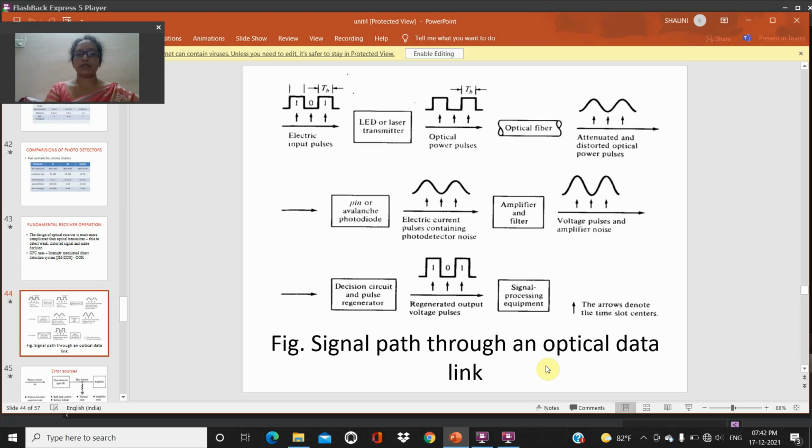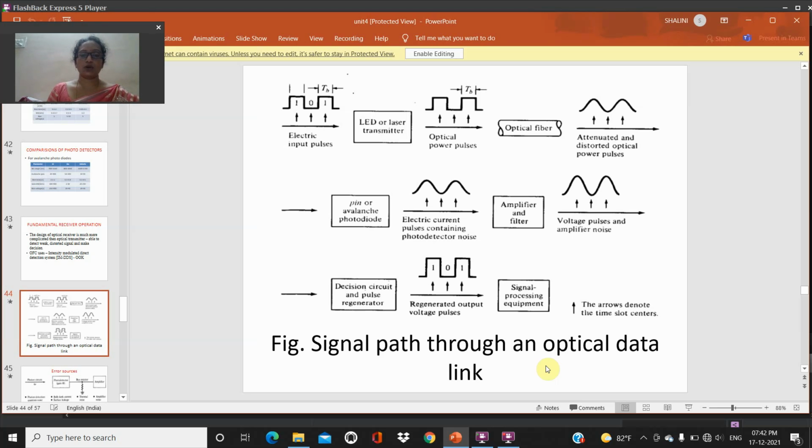Electric current pulses containing photodetector noise go to the amplifier, producing voltage pulses with amplifier noise. These are given to the decision circuit and pulse regenerator, giving regenerated output voltage pulses to signal processing equipment. The upper arrow indicates the time slot centers.